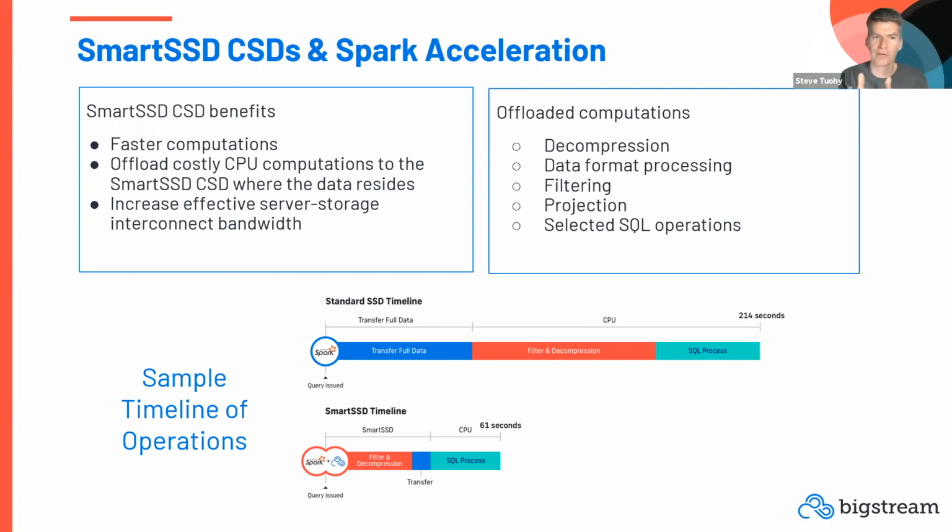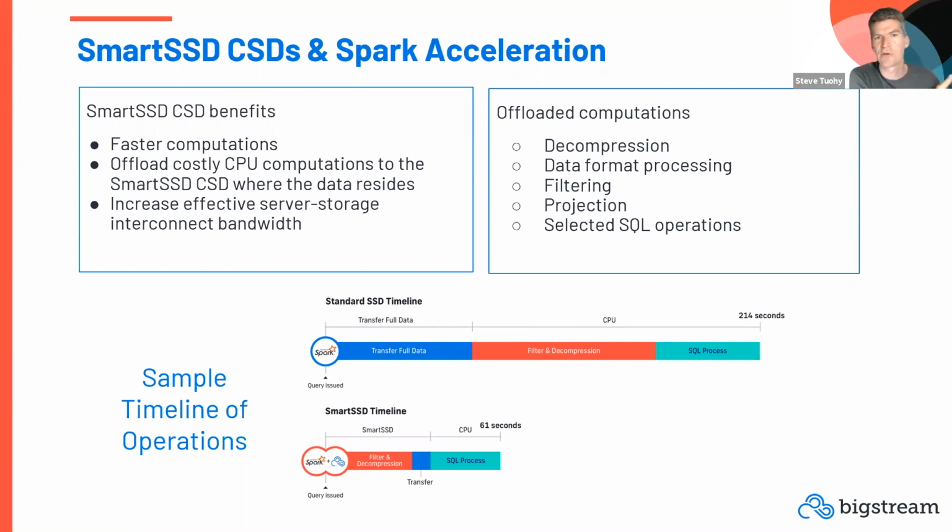But then the big piece is also that blue in the middle. It is a much smaller volume of data that makes its way to the CPU and therefore puts much less pressure on the overall cluster. Even that part is more efficient with the transfer. And then the SQL process at the tail end is also accelerated in a different format.